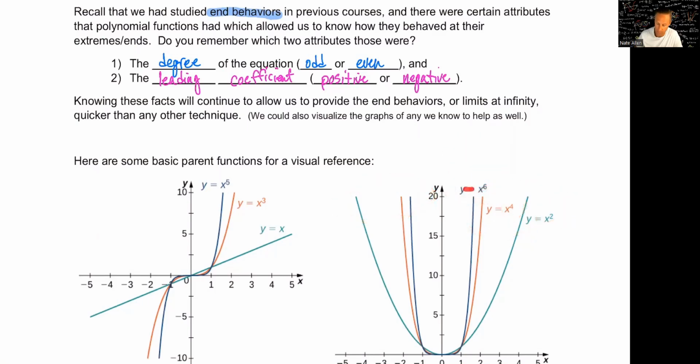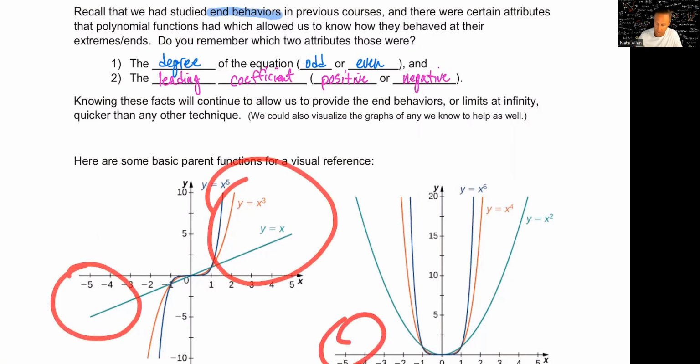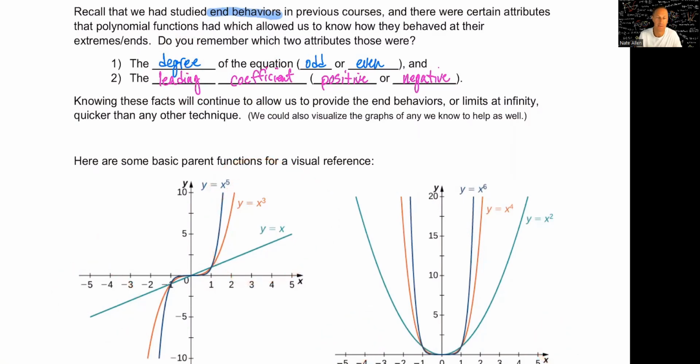If they were negative in front of any of those evens, then they would all be facing downwards. Where if they are odd, from left to right, it would be positive ending. But if any of these had a negative, then from left to right, they would be facing downwards. And just by knowing the degree and the leading coefficient sign, you should be able to tell me how these things behave on the extreme ends. And by these things, remember, limits find y values given an x.